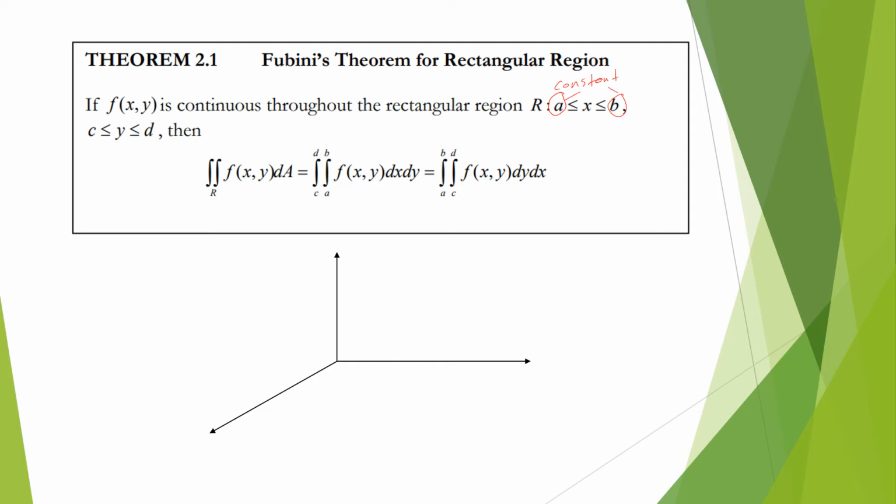The same goes for y in between c and d, where c and d are also constants. If it is bounded by 4 constant values, it means that we have a rectangular region.